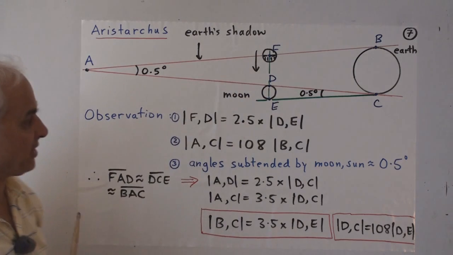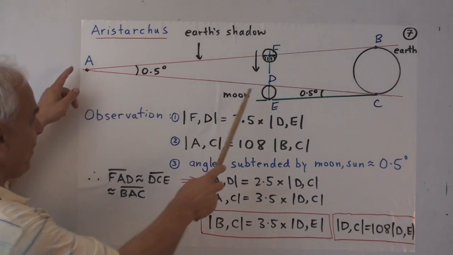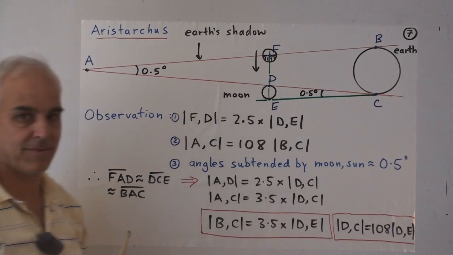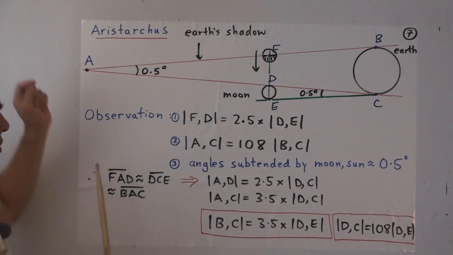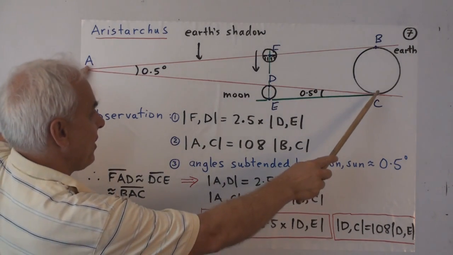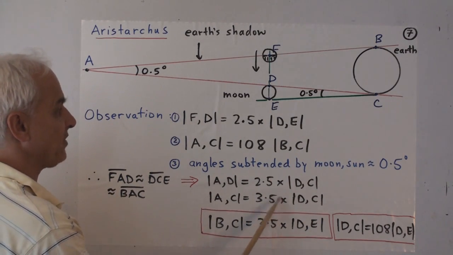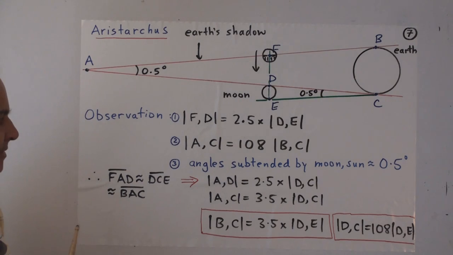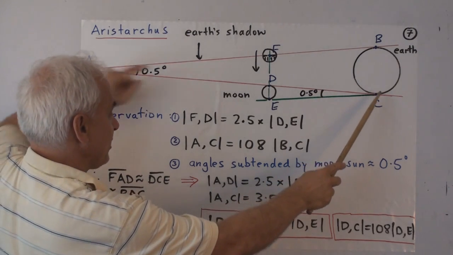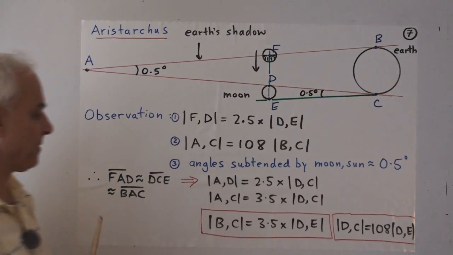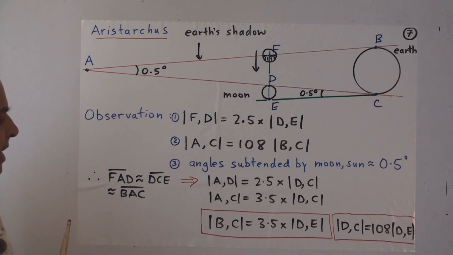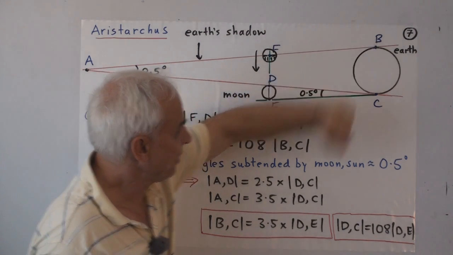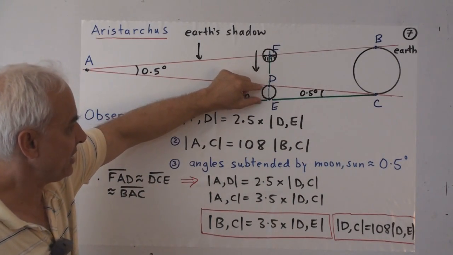That is 2.5 times this. Well, that means that this must be 2.5 times this. So AC then must be 3.5 times DC. AC is 3.5 times DC. And correspondingly, BC is 3.5 times DE.